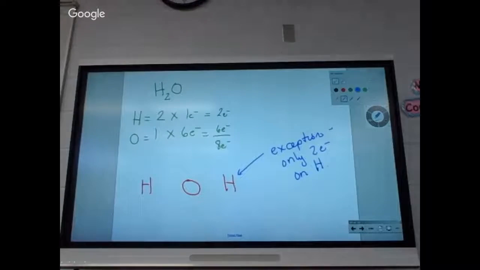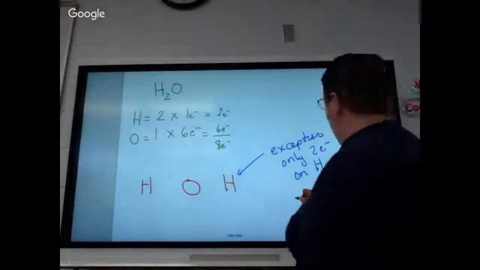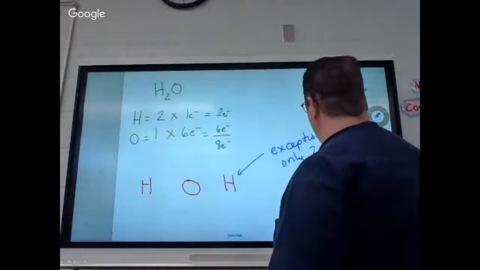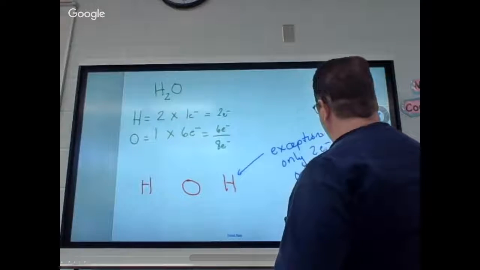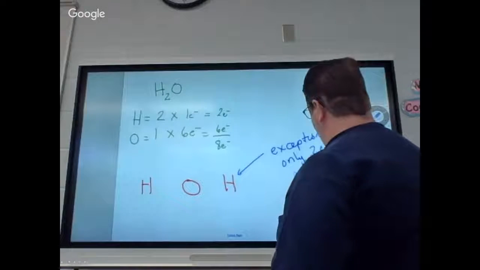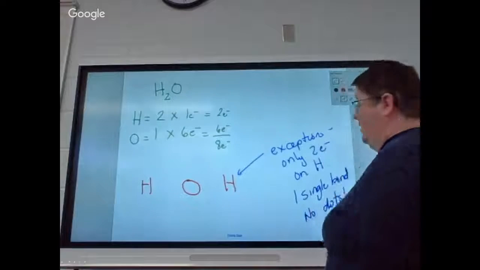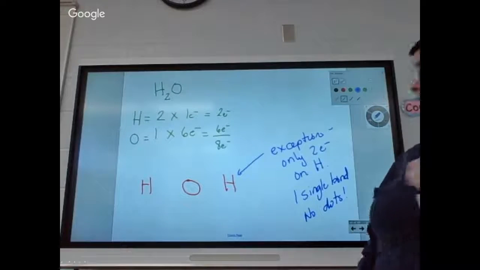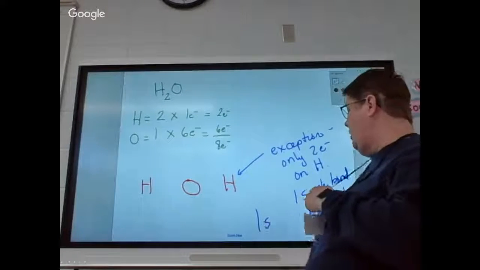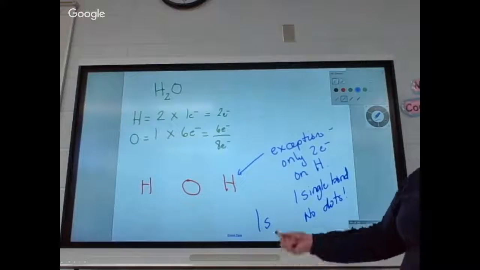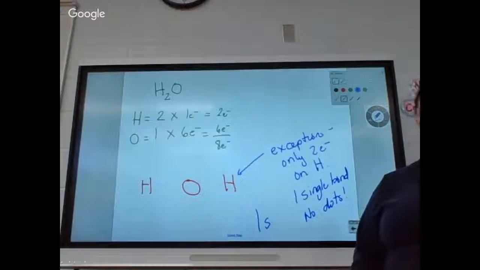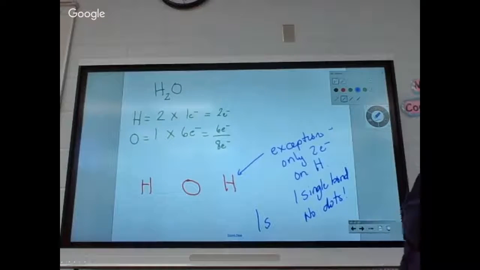So, as long as you remember, 1 single bond and no dots, you'll be fine. The reason for it is hydrogen has a configuration of 1s. How many electrons can go in s? 2. That's why it can only have a single bond of 2 electrons. It can only hold 2 electrons.